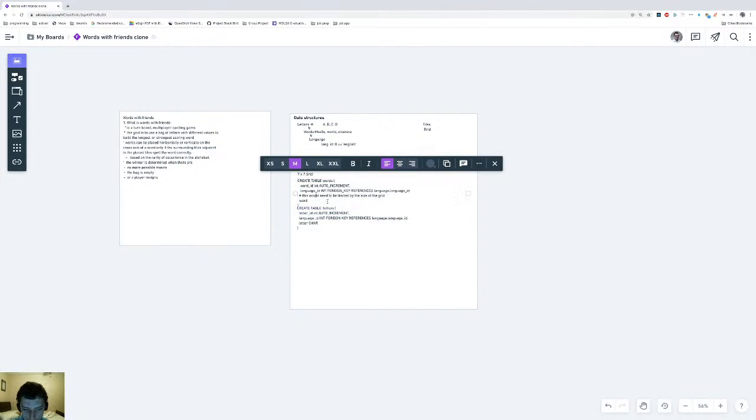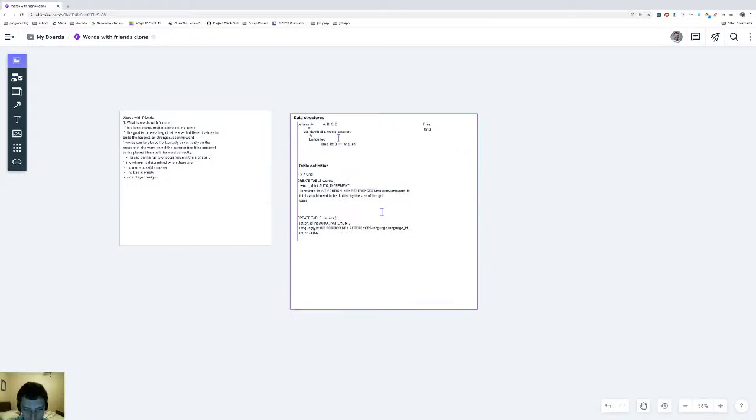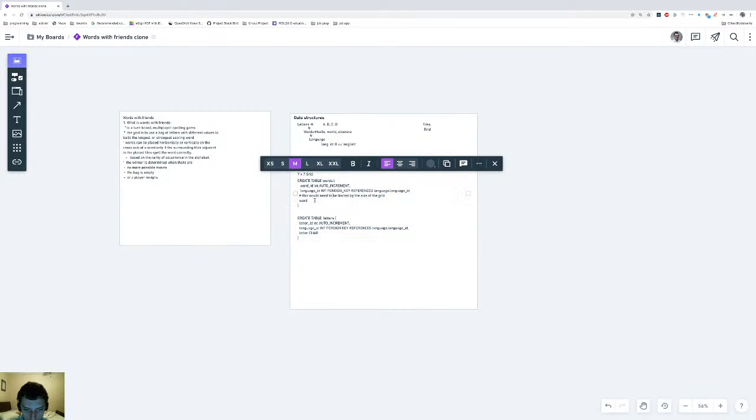So we're going to say that word is either a varchar or a text with a check constraint, but varchar 7, not null. We don't want to be able to have null words. That would be interesting.